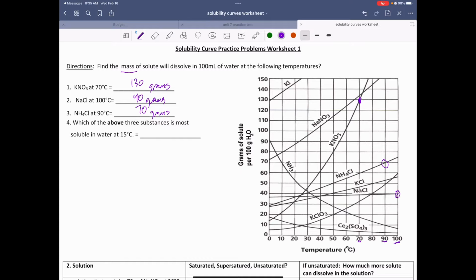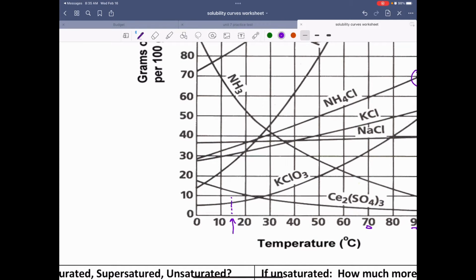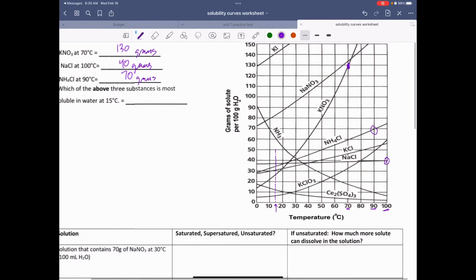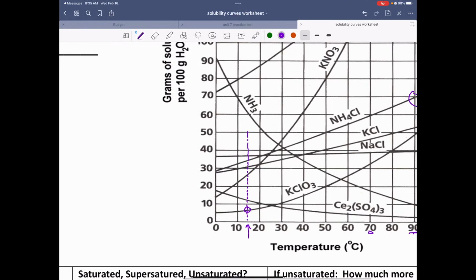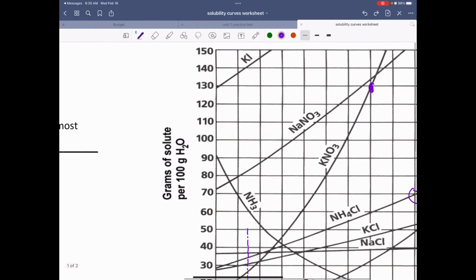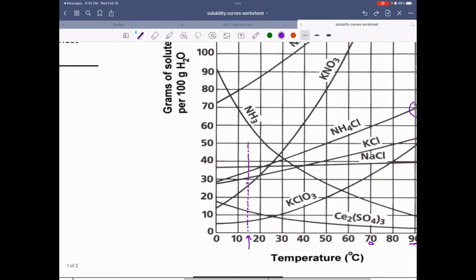Which of the above three substances is most soluble in water at 15 degrees? So 15 degrees is going to be right here. I'm going to make this sort of imaginary line so I can compare all these things. KNO3 hits it right here.